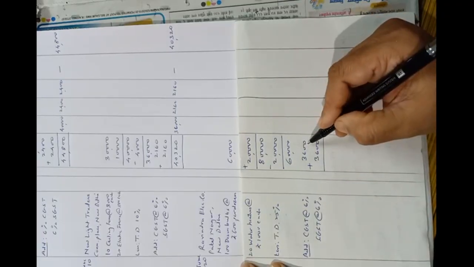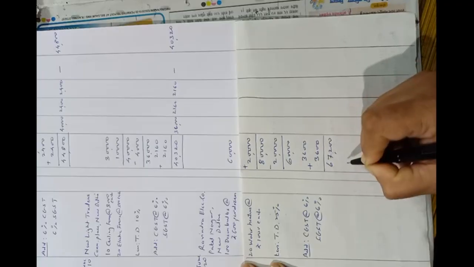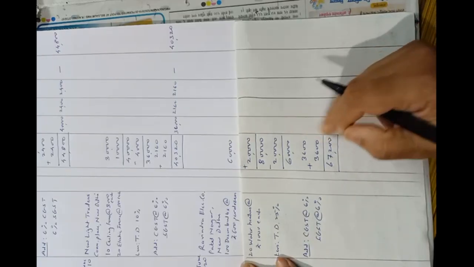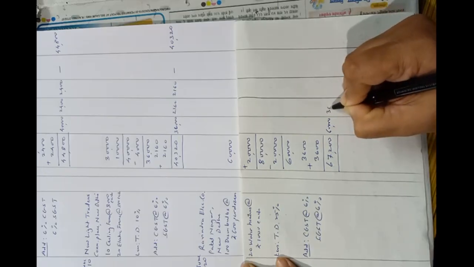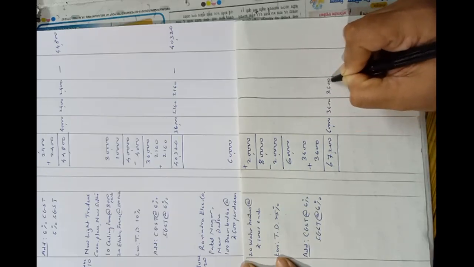We have to add here 60,000, 3,600, 3,600, so it is 67,200. This is the total amount payable. Okay, and details here: 60,000 purchase, CGST and SGST 3,600 and 3,600, no IGST, and total amount is 67,200.